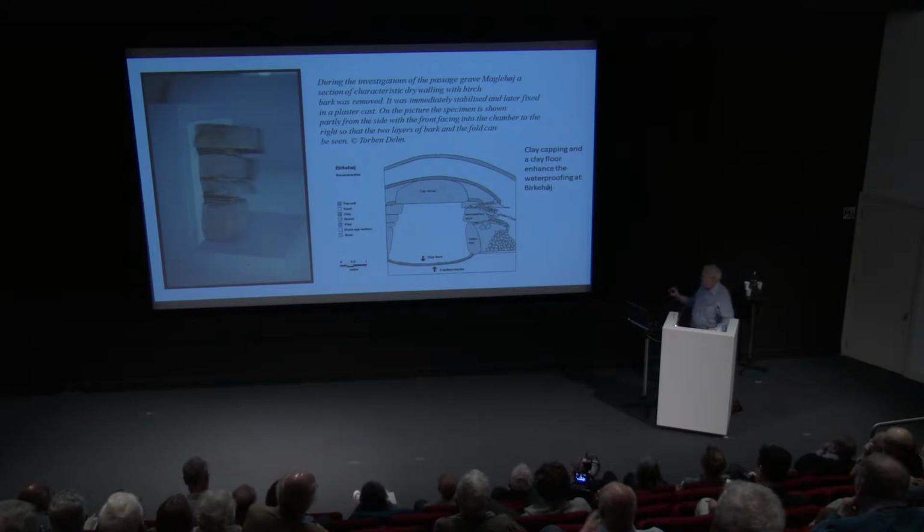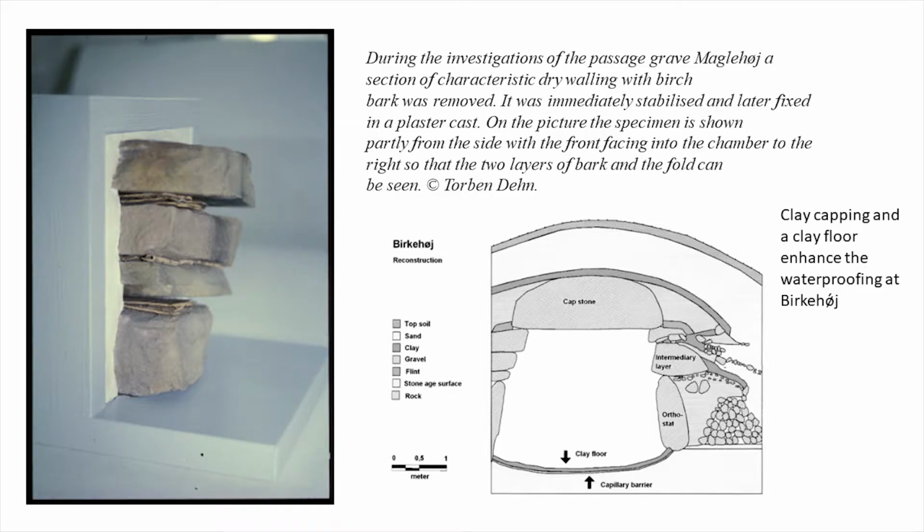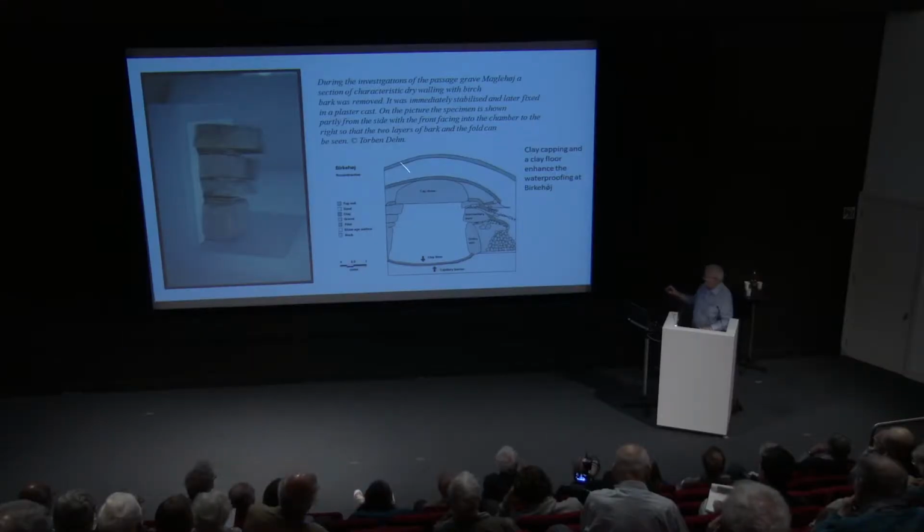Now, while we contemplate this image here, let me say that Torben Dean, who leads in a lot of this work, and his colleagues argue that the purpose of the consolidation of the orthostats and their pinnings, and the use of layers of birch bark in the pinnings, and the use of layers of clay and topsoil sealing off the roof, and you see that here.